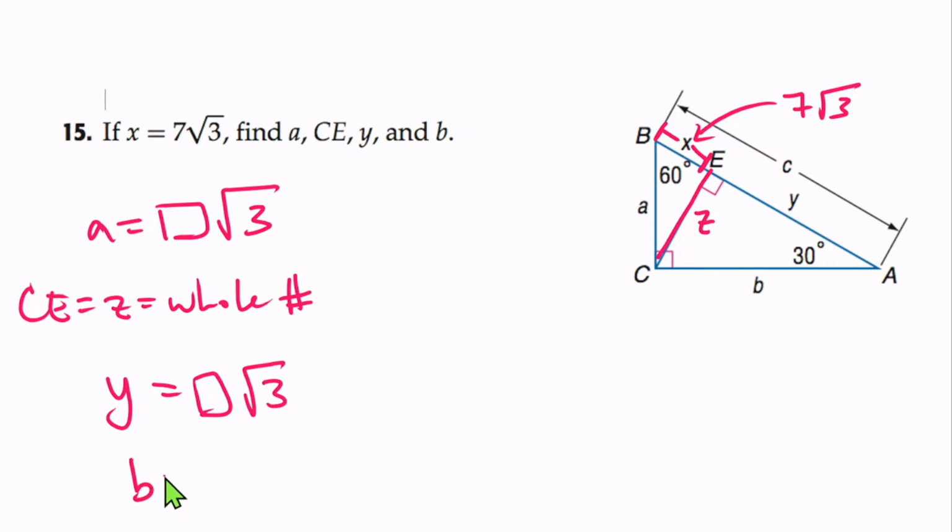And they also want us to find B, and of course with Y and B, this is a 30, 60, 90. B is going to be double whatever Z is. That's a shortcut. So that'll be another whole number. Please make sure you're showing your work one way or another.